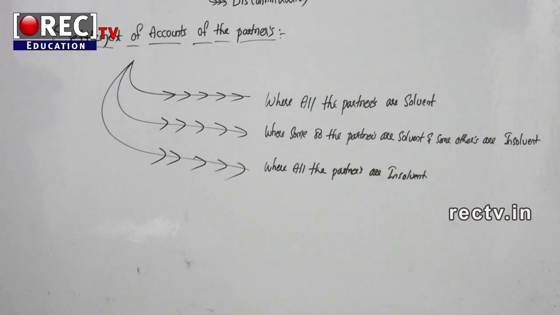Whatever amount is unpaid, you should transfer to the deficiency account. For closing partners' capital account: deficiency account debit to partners' capital account. So whatever the amount in the partners' capital account, you are transferring to the deficiency account, because you are unable to pay your partners. With this, we have completed dissolution of partnership firm.